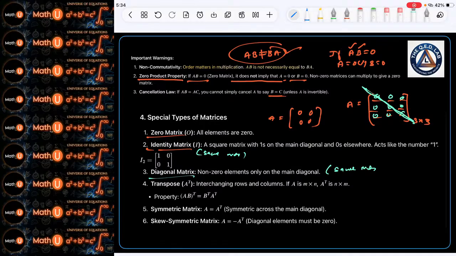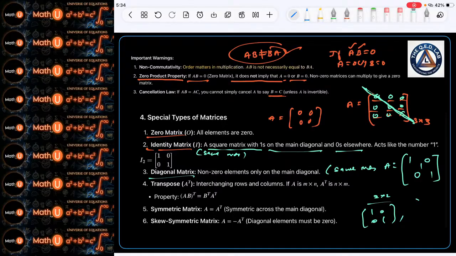An identity matrix is also a square matrix and a diagonal matrix, but the speciality is all the diagonals should be 1. It is a square matrix with ones on the main diagonal and zeros elsewhere. In the remaining positions all zeros. Such type of matrix is an identity matrix. If you consider a 2 by 2 matrix, we write 1 0 0 1.